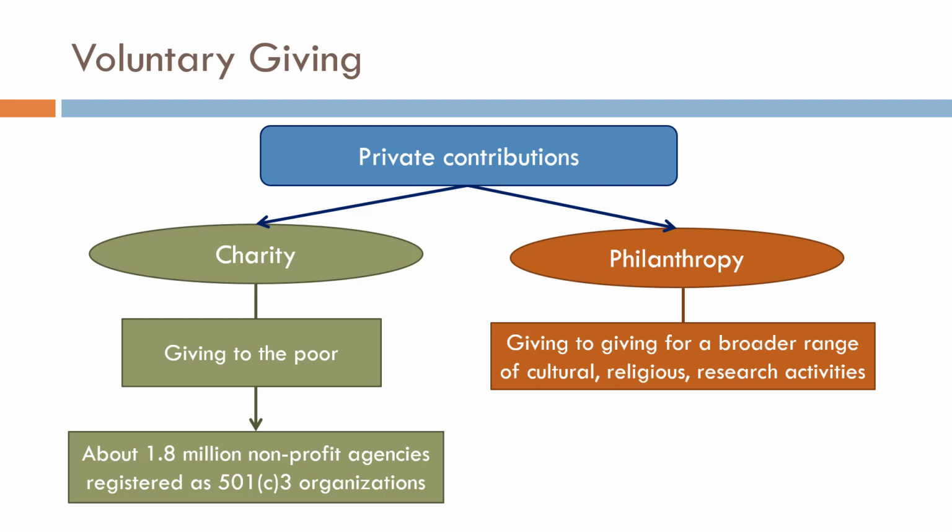And that's really key because that's one thing that distinguishes nonprofits from businesses, because they don't have to pay the same kinds of taxes. So in your book, I think this number was about 1 million, so it's increased dramatically over the years. And in your administration class, this is going to be one of the focus areas.